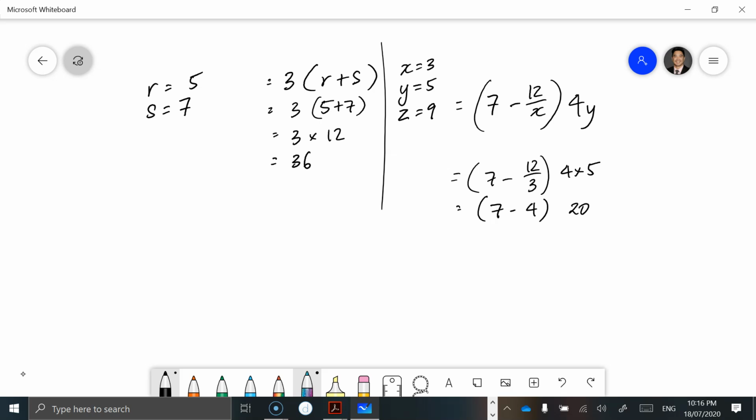I'm rewriting everything right now because it's really important that I don't skip steps, at least for these video purposes. But when you get more confident, you can start skipping steps because you know what's going on. So 7 minus 4 is 3, and then 3 times 20 is equal to 60. So that's going to be that answer.